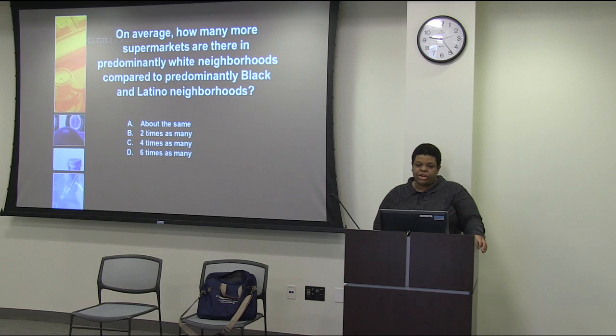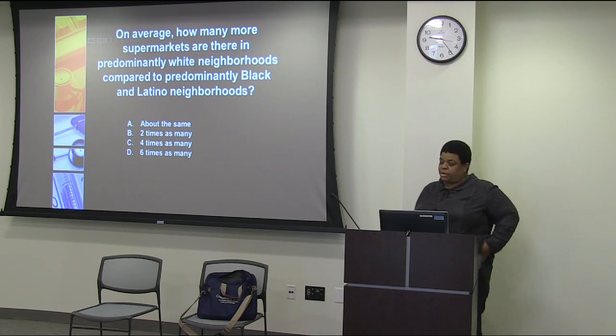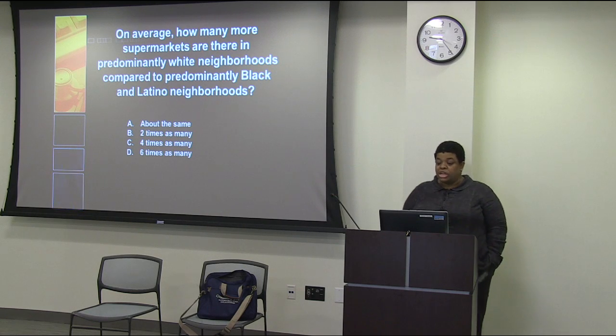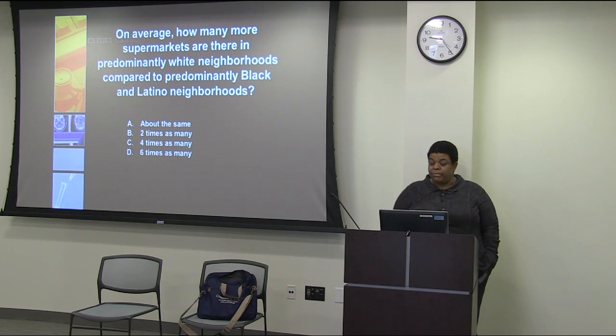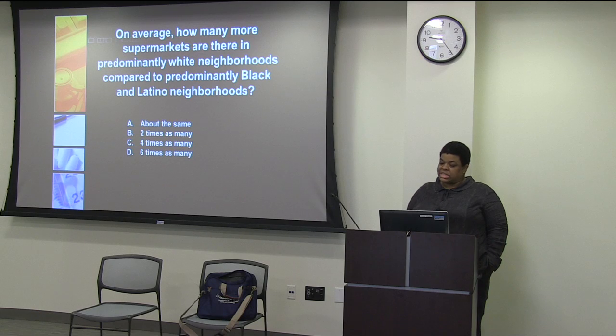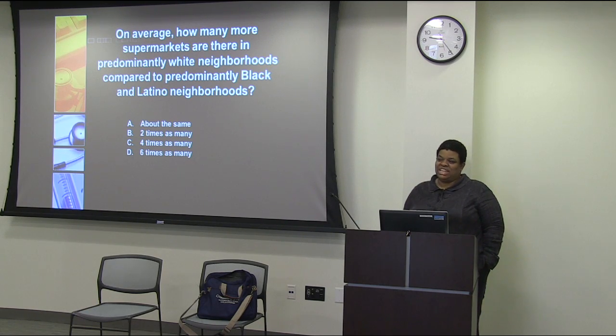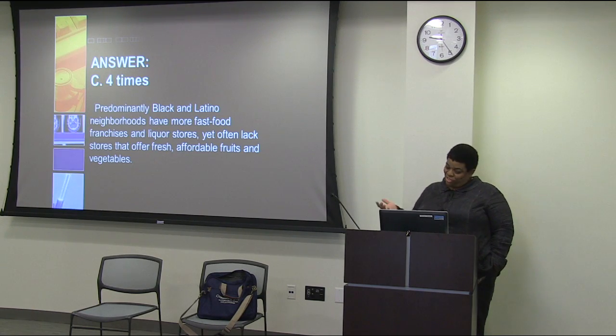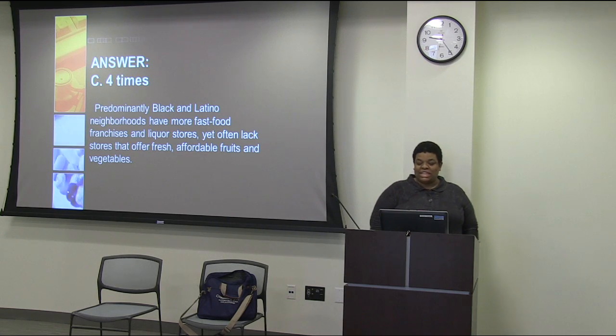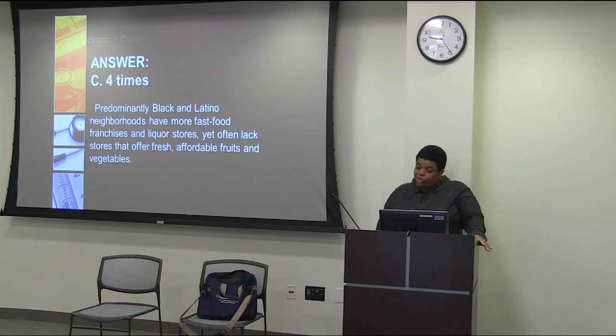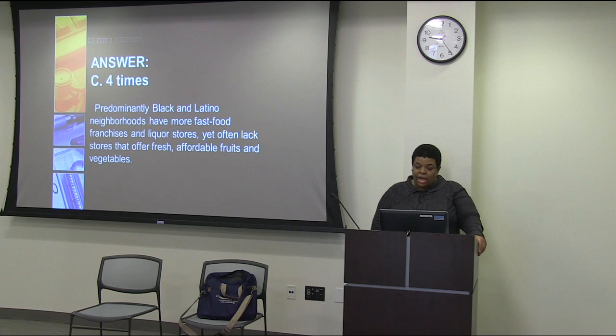One other question: on average, how many more supermarkets are there in predominantly white neighborhoods compared to predominantly black neighborhoods and Latino neighborhoods? About the same, twice as many, 4 times as many, 6 times as many. Okay, let's see. 4, you're close. Predominantly black and Latino neighborhoods have more fast food joints and liquor stores, but when you try to see if there are grocery stores and places where people can get fresh, healthy, affordable foods, they're not really present.